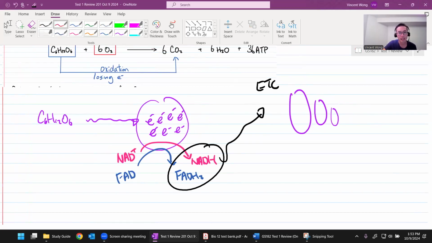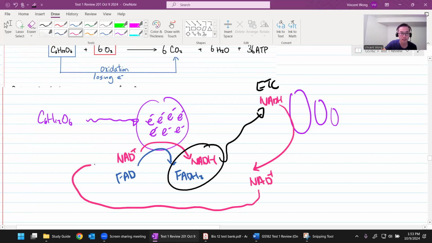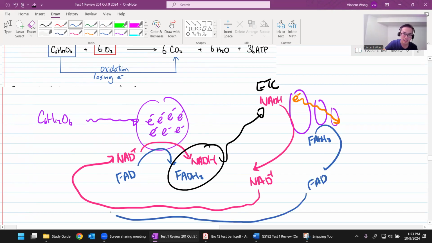The NADH is going to drop off the electron, and then it's going to go back. And the electron will flow down the ETC. Similarly, the FADH2 drops it off at the second protein, and it's going to become FAD again. And that's going to go back and pick up more, right?